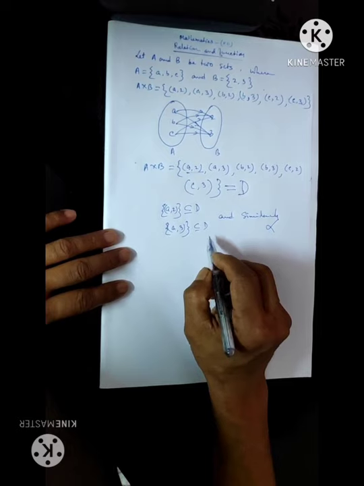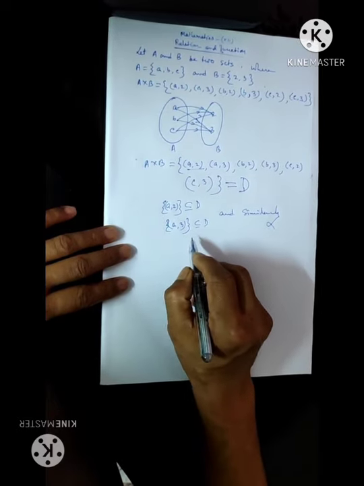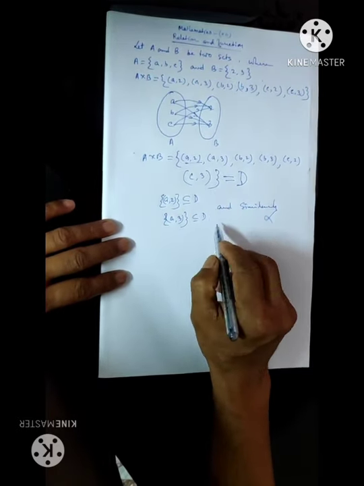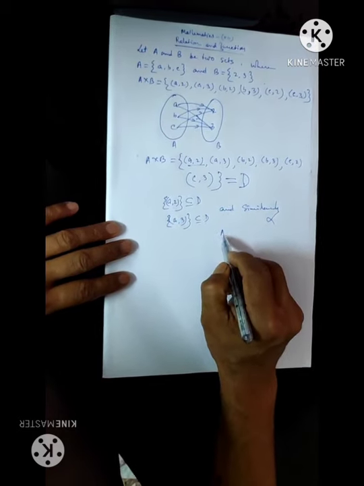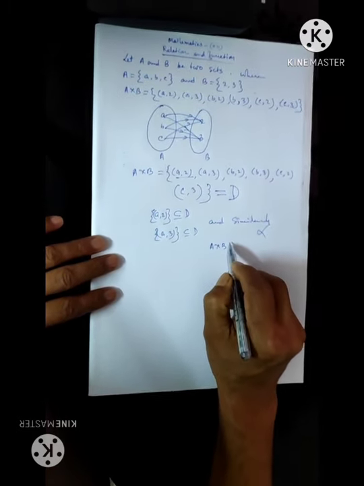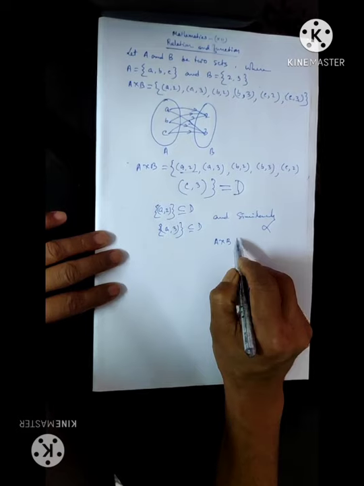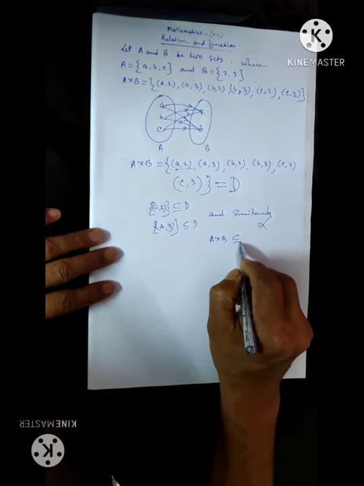So we can say that the set A cross B is a subset of D.